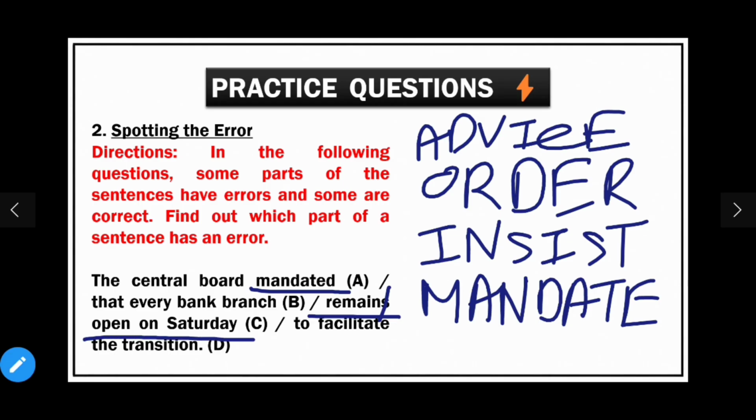It will be "remain" instead of "remains." So "remains open Saturday" is the incorrect part of this sentence, and this is the correct answer, because in subjunctive mood we have to use the V1 form of the main verb. Yes, next.